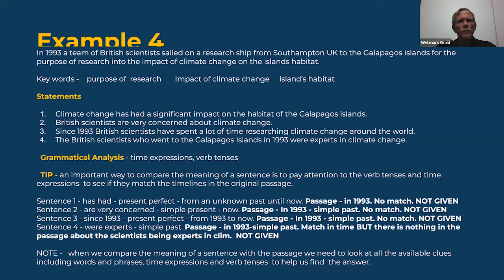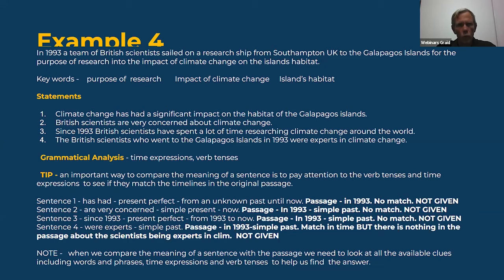If we look at the fourth example, we have the British scientists who went to the Galapagos Islands in 1993 were experts in climate change. Now, in this case, we have a sentence which talks about the time in 1993. So we have a match in time. We are talking about the same time.